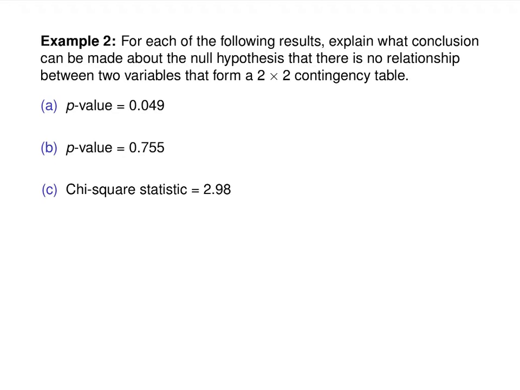So before we do an actual example, tell me, based on these given things, would you reject the null hypothesis or fail to reject it? If your p-value is 0.049, this is less than 0.05, so you reject H naught.